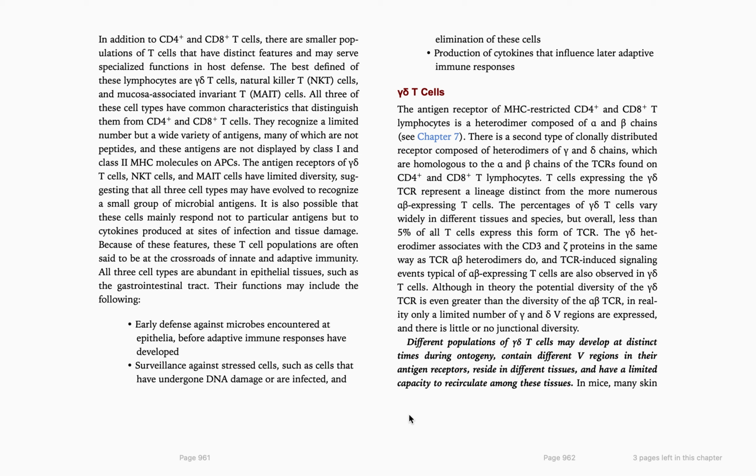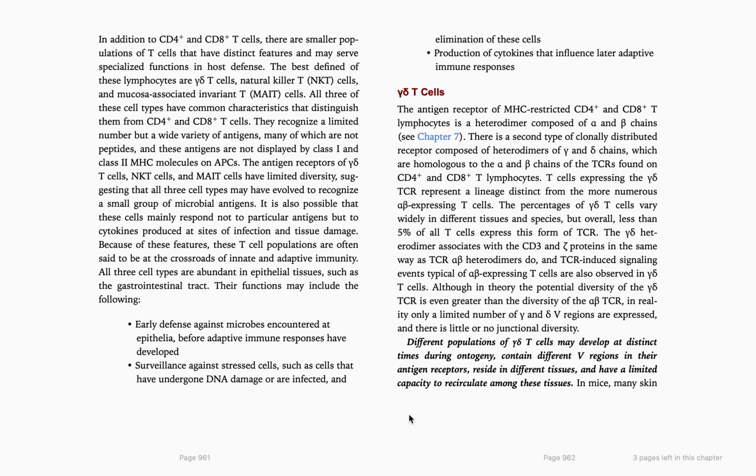They recognize a limited number but a wide variety of antigens, many of which are not peptides. And these antigens are not displayed by class 1 and class 2 MHC molecules on antigen-presenting cells. The antigen receptors of gamma delta T cells, natural killer T cells, and mucosa-associated invariant T cells have limited diversity, suggesting that all three cell types may have evolved to recognize a small group of microbial antigens.